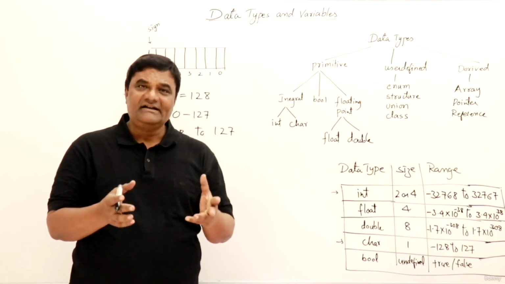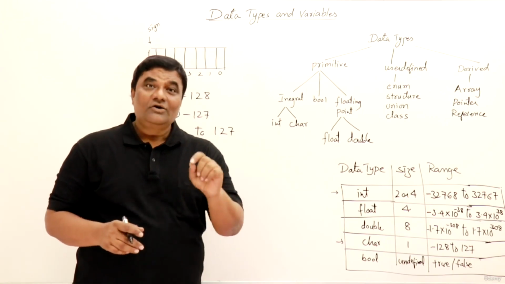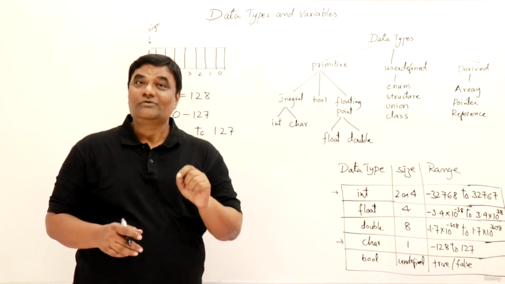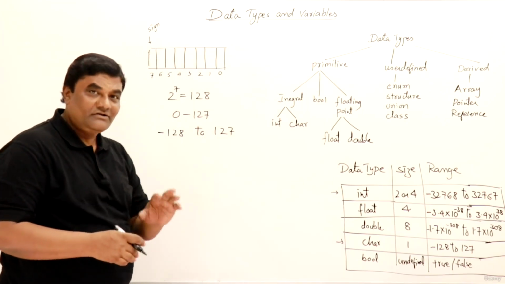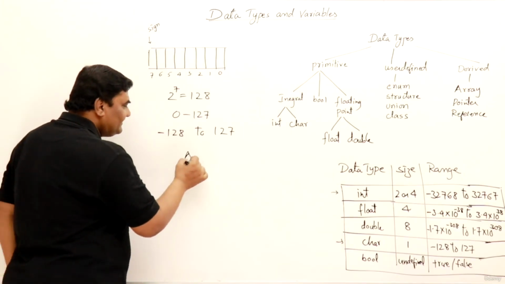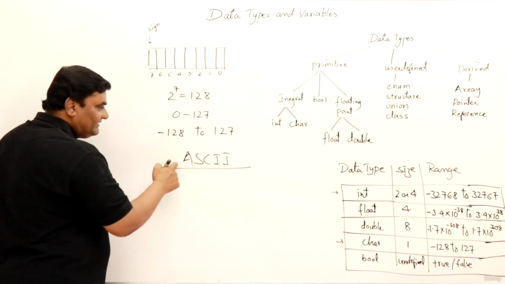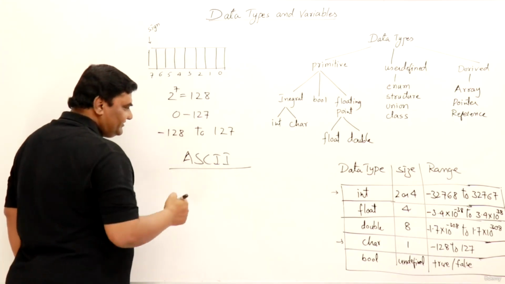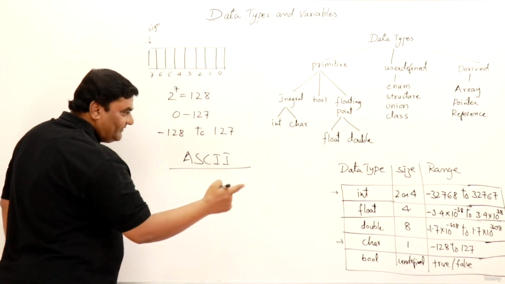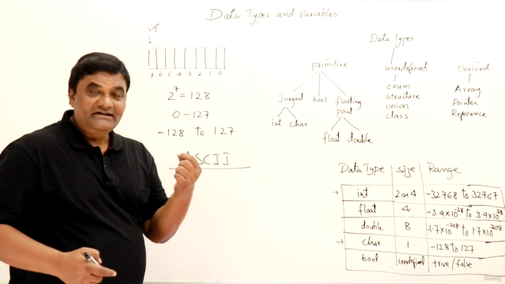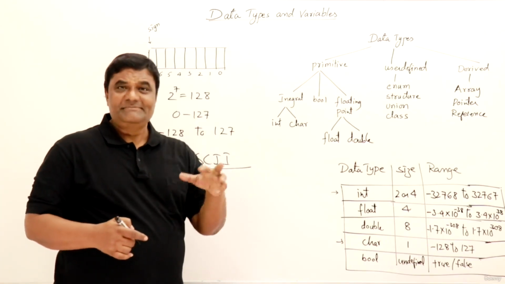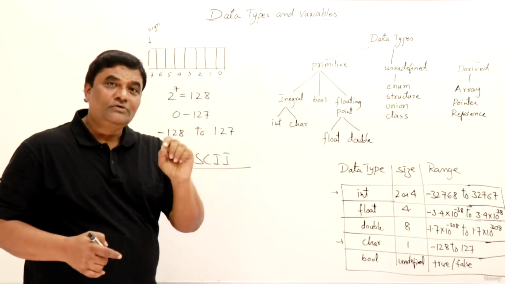Then how to represent characters? So for characters, codes are given. Let us see what the codes are. The codes are called ASCII codes, American Standard Code for Information Interchange. For every alphabet or every letter in the English language as well as the special symbols, there is a code given.